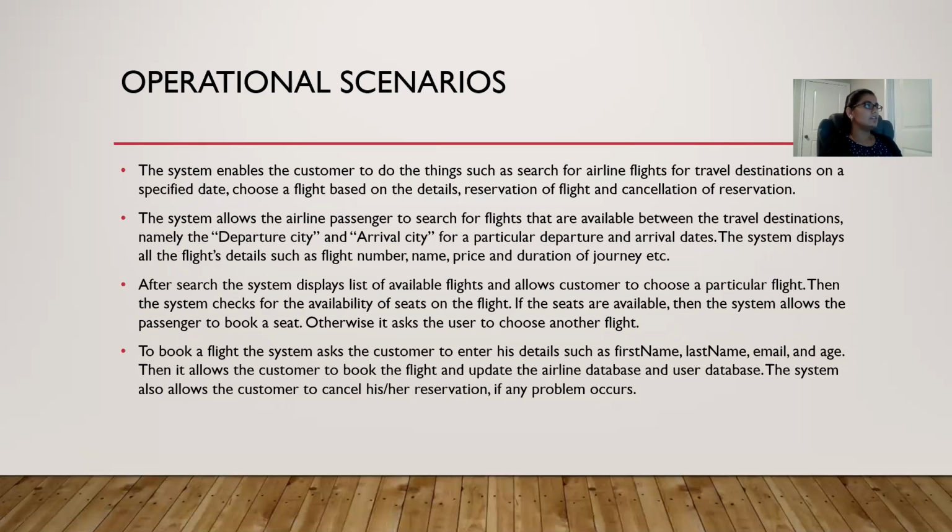Once this is done, the system displays the list of available flights and allows the customer to choose a particular flight. Then the system checks for the availability of seats on the flight. If the seats are available, then the system allows the passenger to book a seat. Otherwise, it asks the user to choose another flight.